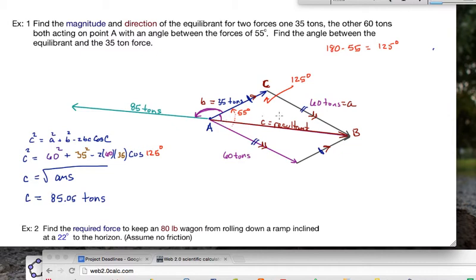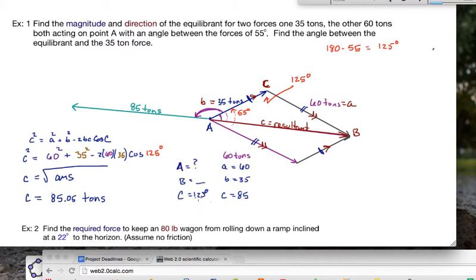How can I find this angle? This angle is angle A right here in our triangle. So I need to find angle A. I know angle C is 125 degrees, and I know little c is 85. Angle B I don't know, but I know little b is 35, and little a here is 60.